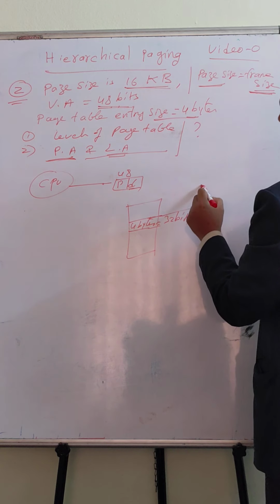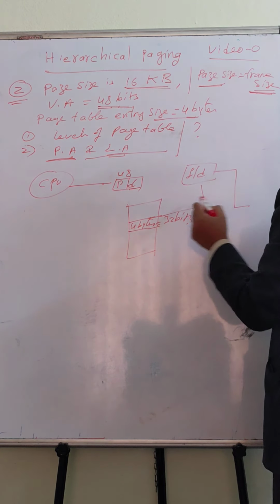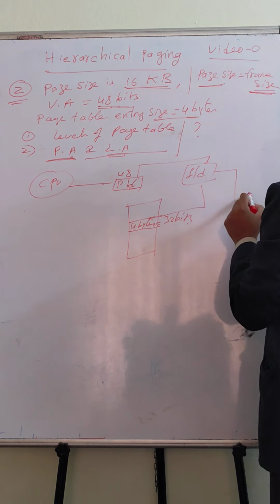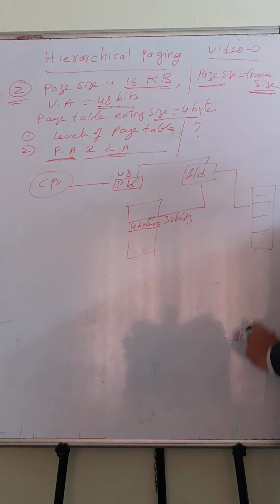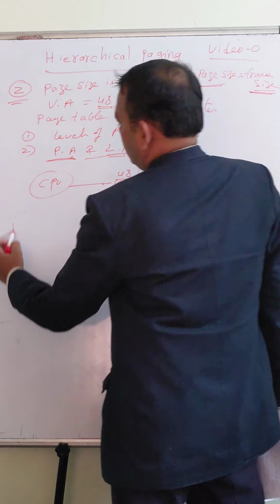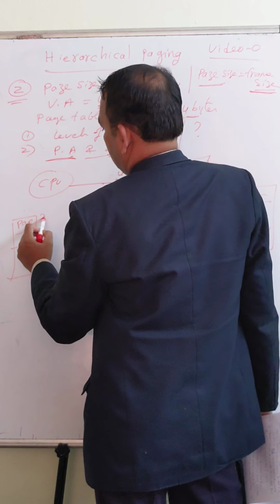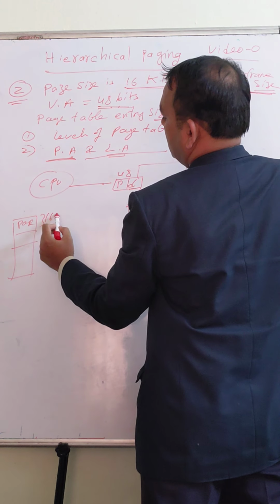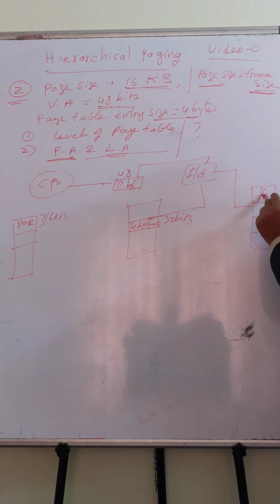From here we go to the frame, and we have to access main memory. This is secondary memory, this is a page of 16 KB, the same as 16 KB. Both are equal.